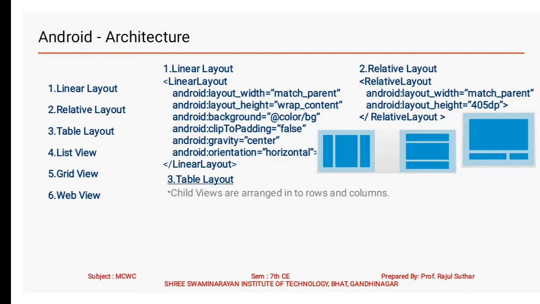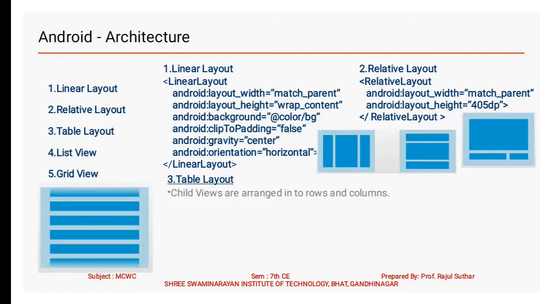So the table layout uses a grid of rows and columns. The table view can span multiple rows, and columns can be set to shrink or grow. So this is the figure of the table layout.